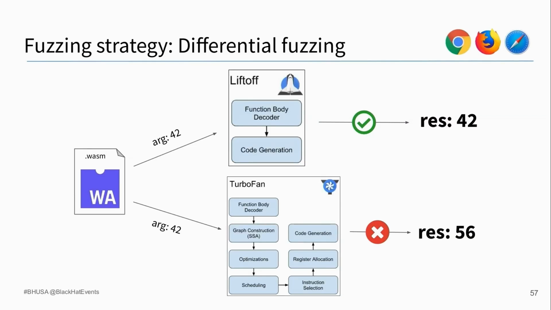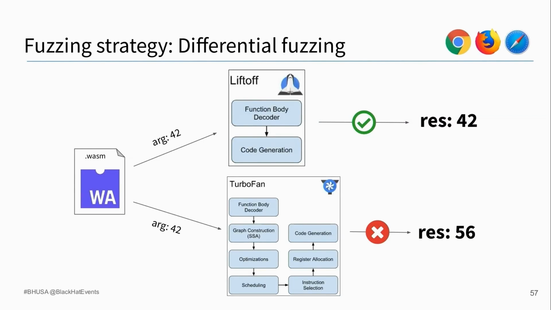By default, this module will be compiled by Liftoff, and I force the optimization in order to make Turbofan optimize the WebAssembly module and this particular function. The main goal, again, is that when you provide an argument to a function, we try to find two different results for the same argument.